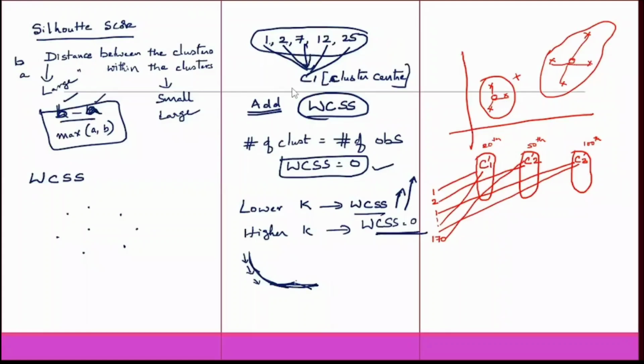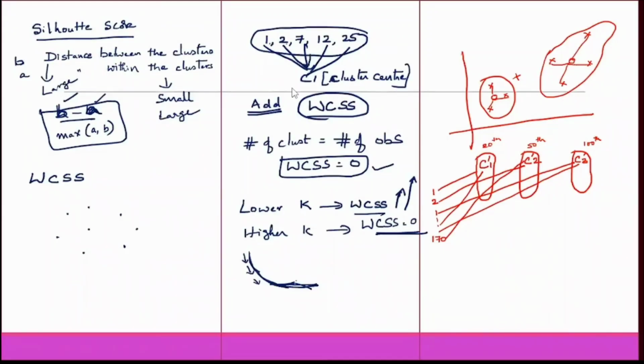Initially, let's say it was part of the first cluster, but because of the change in the cluster centers, it might now go into cluster 2. So there is a change in the cluster membership.